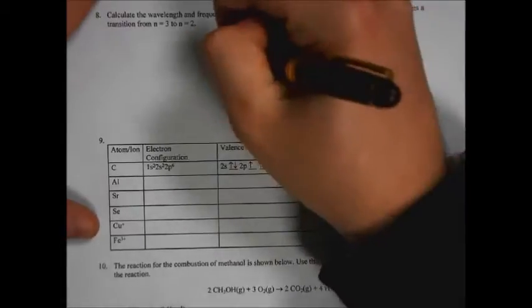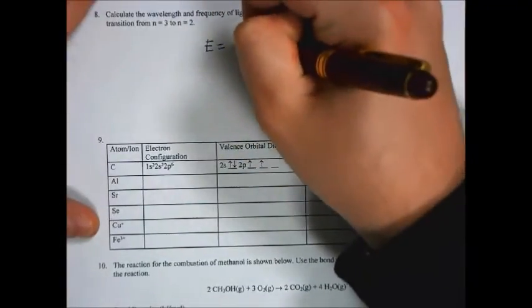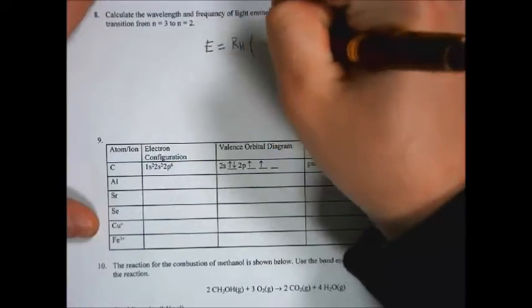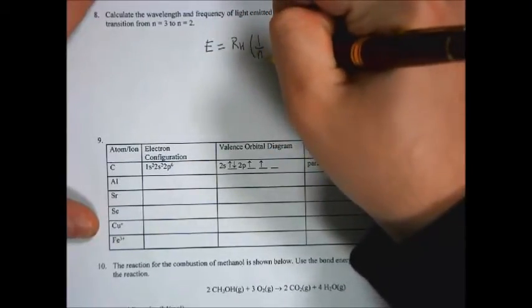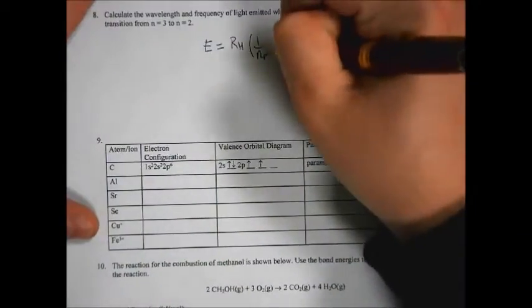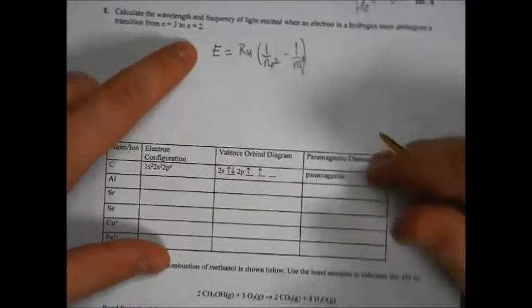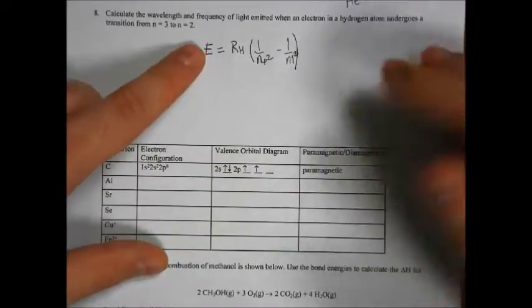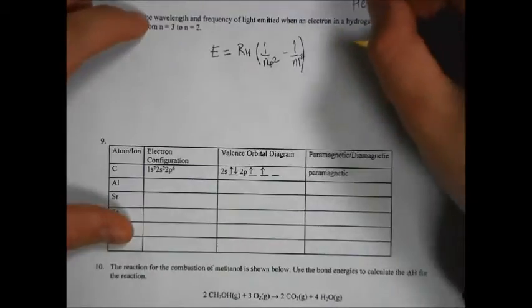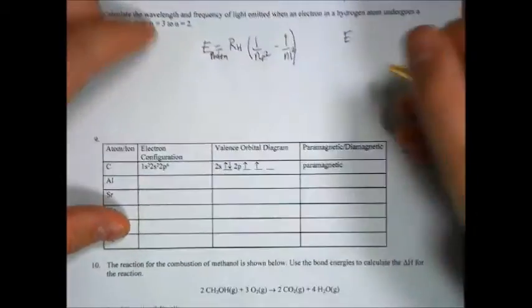So the energy in this case is, we're going to go to our Rydberg equation. Energy is going to equal the Rydberg constant times 1 over n final squared minus 1 over n initial squared. And so the energy is where you can plug in whatever you need. So keep in mind that this is going to be the energy of a photon.